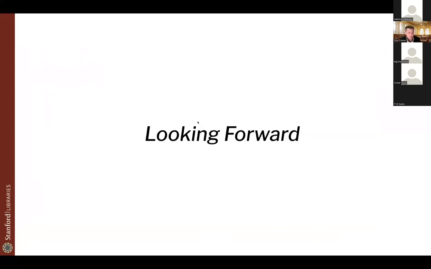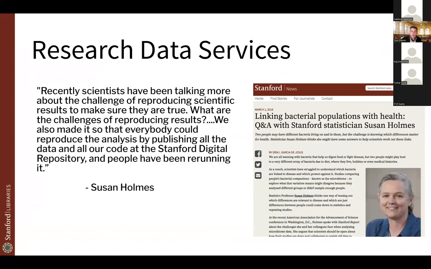I mentioned a part of the activities of our library, and I think any library and any digital library should be looking forward. And I want to close with 2 big themes that I see are coming up and are very important at Stanford. So the first is research data, and I mentioned this at the beginning.